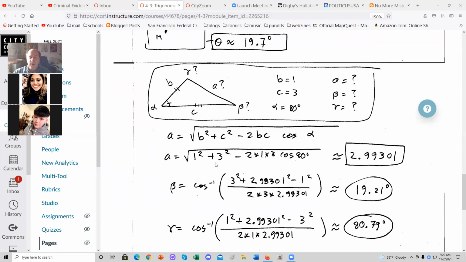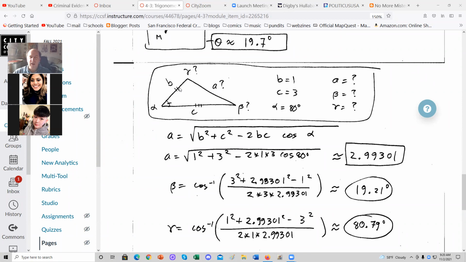Now, since we have all three sides, 2.99301, 1, and 3, we can find beta: arc cosine of (a squared plus c squared minus b squared) all over 2ac. Put it in here, and out comes about 19.21 degrees.